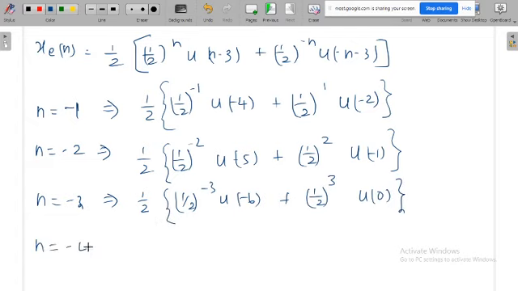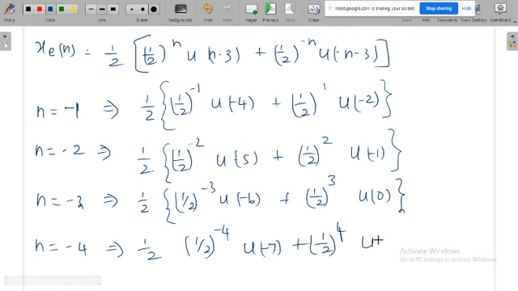And you put n is equal to minus 4, 1 by 2 whole power minus 4 u of minus 7 plus 1 by 2 whole power plus 4 u of 1. Now what is the value? This is 0, this is 0, but this is not 0. U of 0 is 1, so 1 by 2, 1 by 8, that is 1 by 16. Now this is 1 by 32.